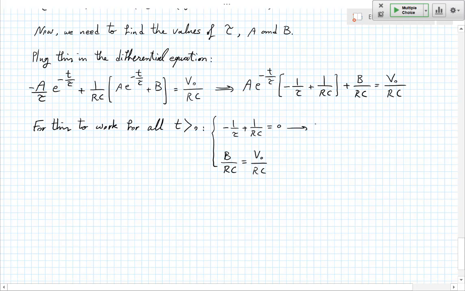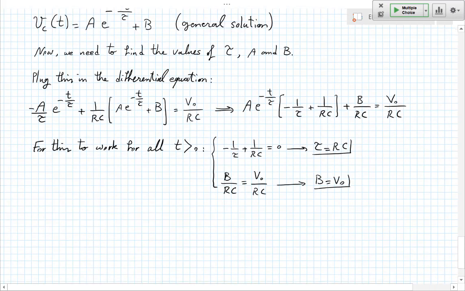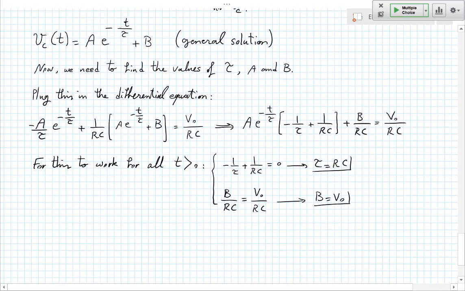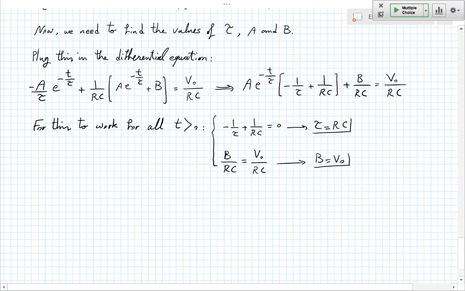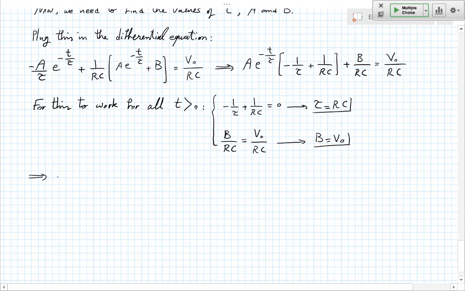So from the first one, I get tau should be equal to RC. From the second one, I get b should be V naught. So I'm getting pretty close, because it means now that my solution up there, Vc equals A e to the minus t over tau plus b, I already found tau, and I already found b. So I'm almost there.